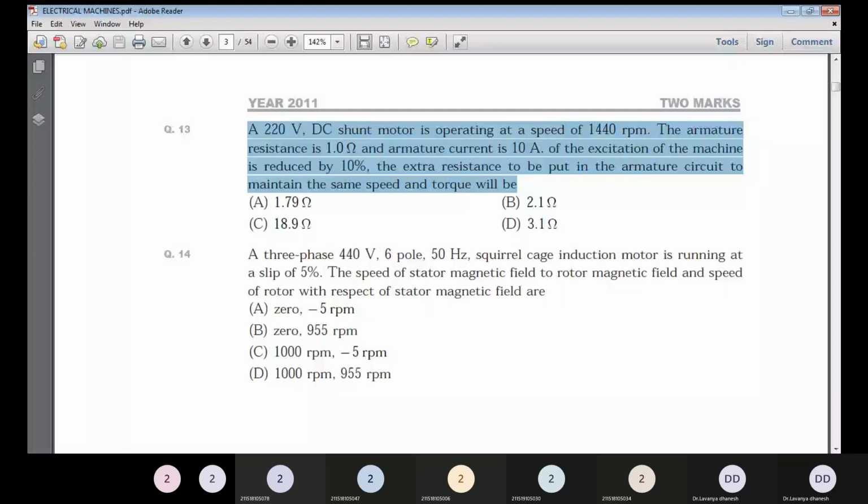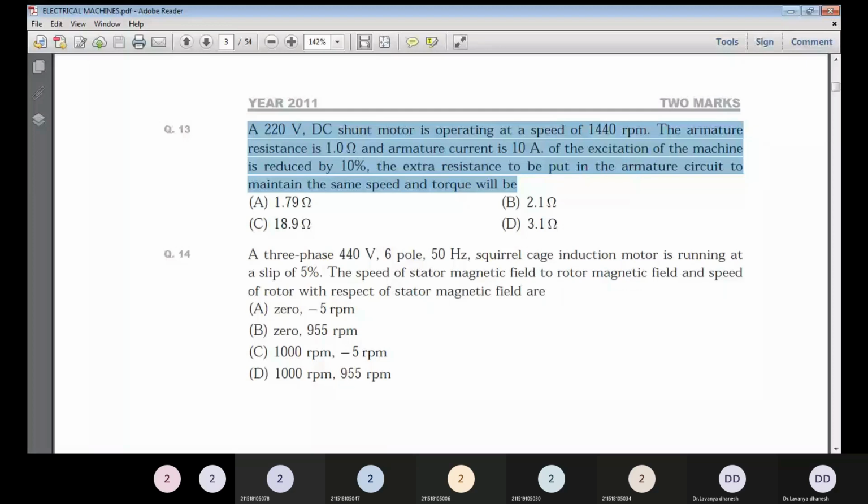So the primary number of turns and the secondary are both equal, so that way we can neglect it. So we are going to substitute the values.